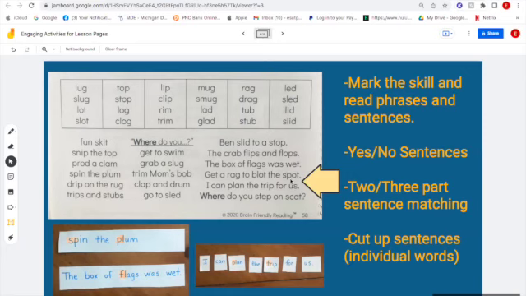You would do that with a few of the sentences, and they would have to put them together. And then finally, the most difficult activity would be to take a sentence and cut it into individual words, which you can see here. Of course, you would mix up the words, and the child could mark the skill and then put the words in order.